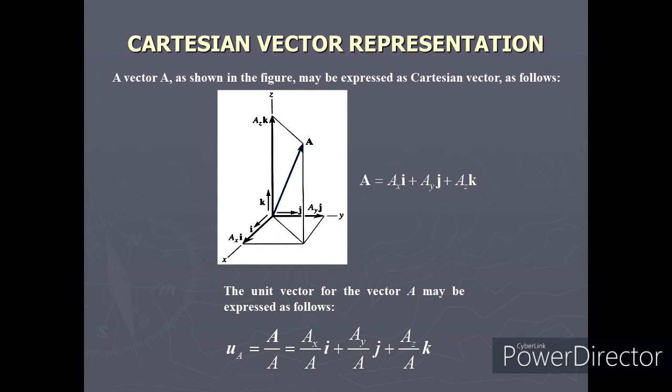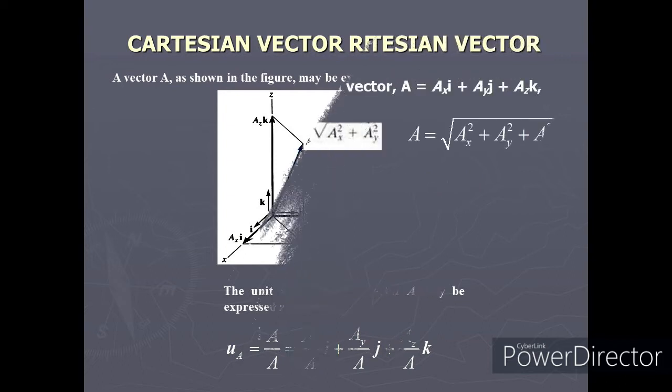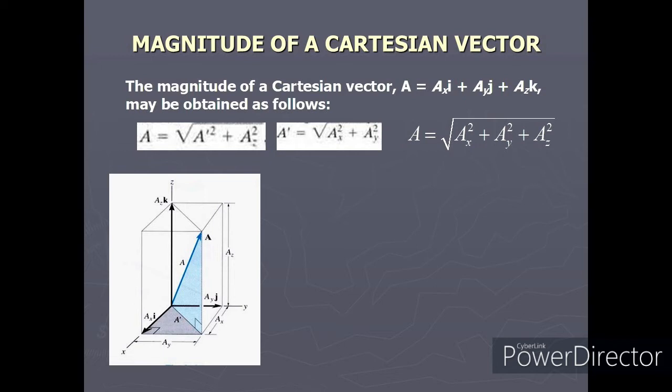Because in our previous class we considered the 2D case. Then to express the unit vector using the definition here, because A is given by this, if we substitute A as this, we have Ax over A i plus Ay over A j and so on. All these are scalar components, isn't it?